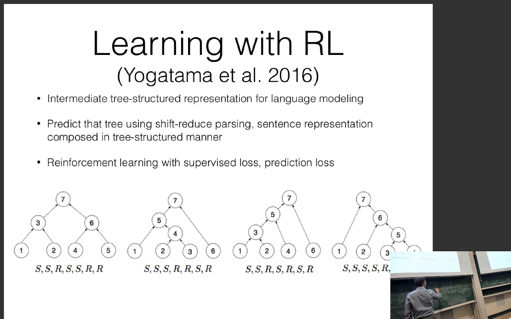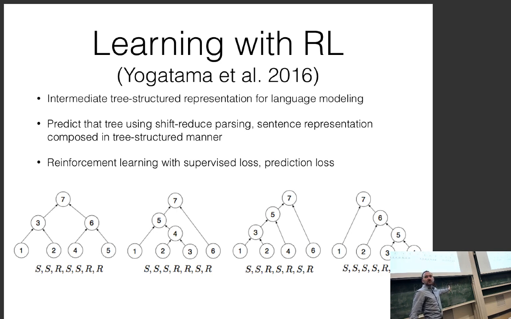You also have the reward function, which is maybe the reward of calculating some output given the tree. And this could be a decoder or something like this. The problem here is that at the very beginning of training, your parser is not good.